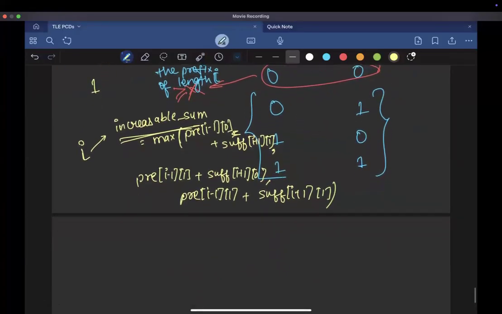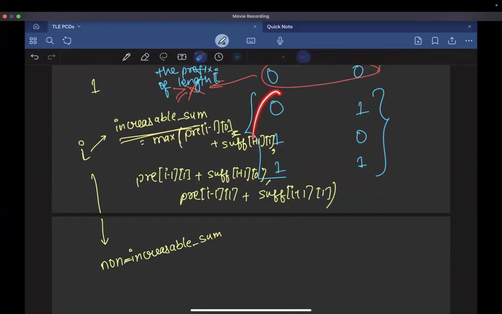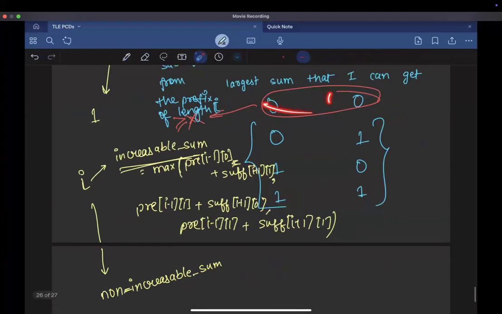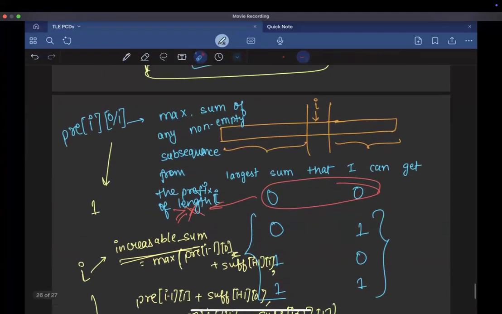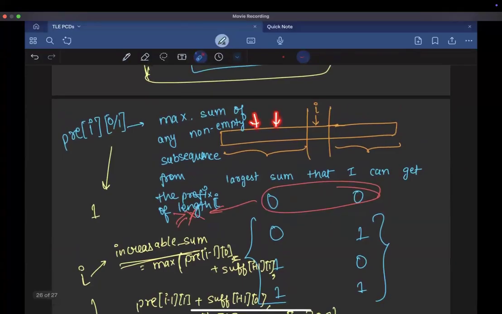Nextly, I created another variable that is non-increasable sum. In this case, it would either be any of these cases, or this case. Basically, there is this case also now where you pick up some elements from the left and some elements from the right. None of them have bi equal to 1, but the sum of all of these is already greater than or equal to x.